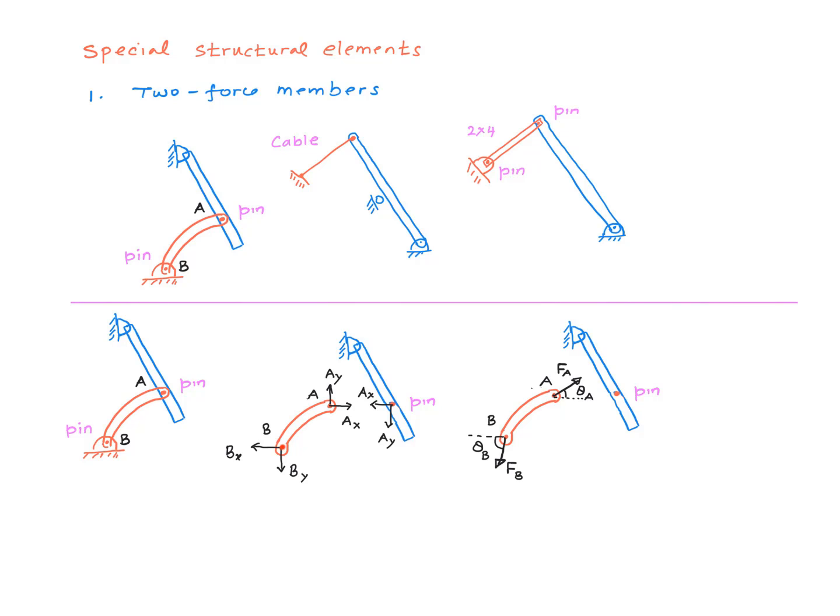And similarly, this is a pin, and there will be two components of the forces, BX and BY. Remember, another way of representing the forces on a pin is to represent them in terms of a single force with a magnitude FA and a direction theta, right? So that's what I have done here, both at pin A and pin B.